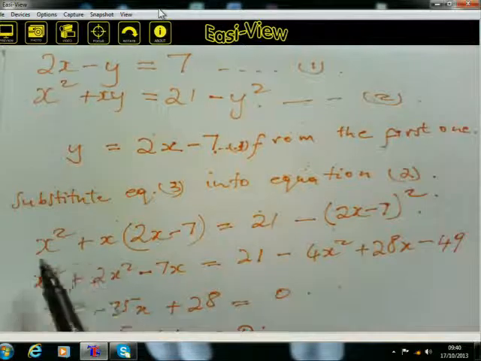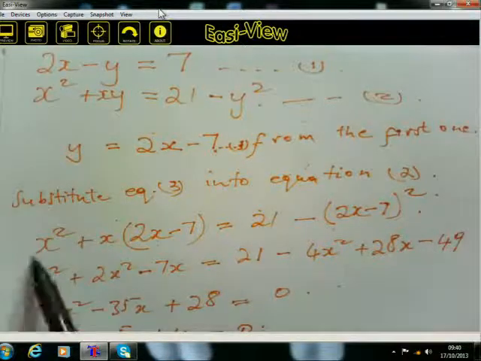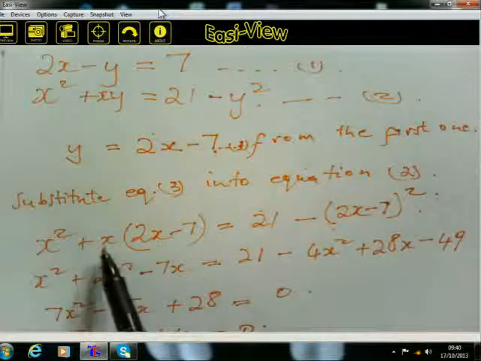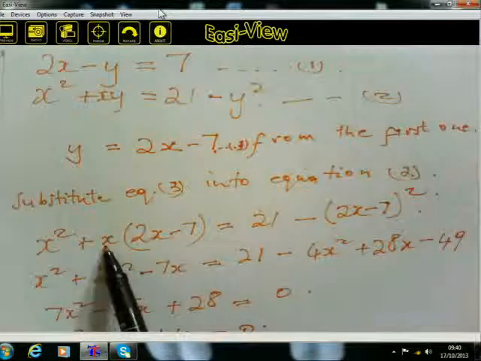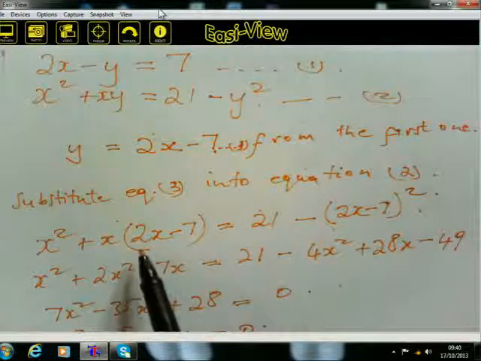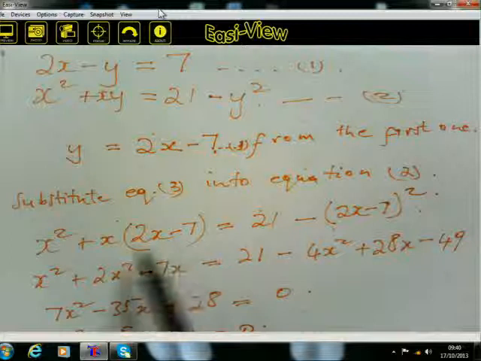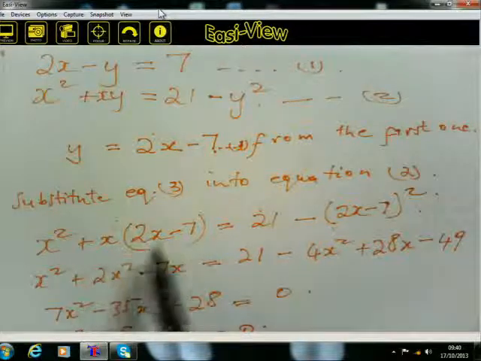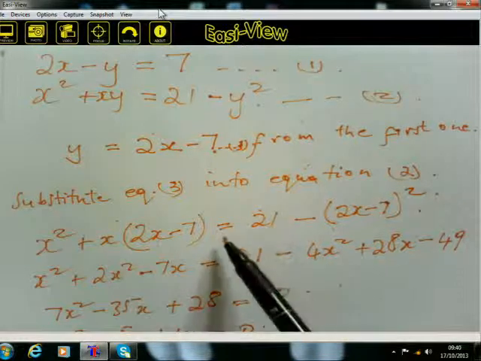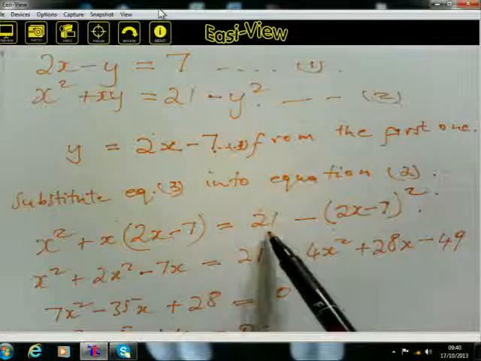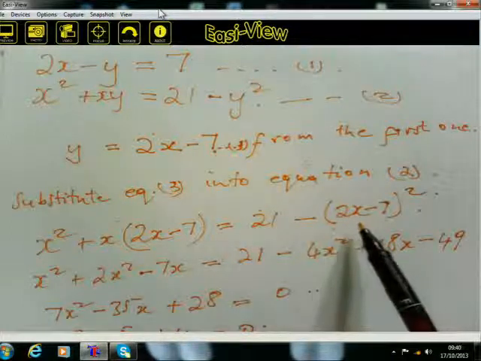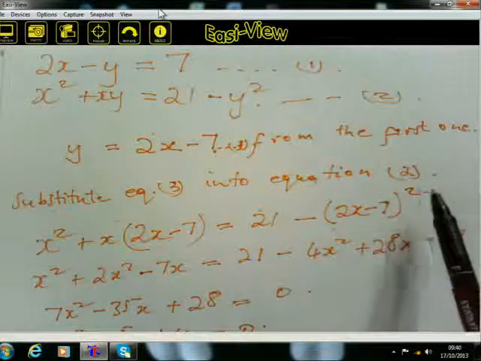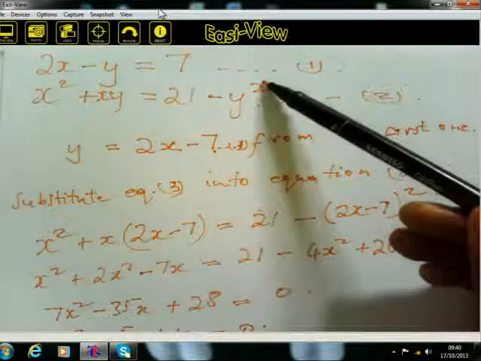And then what is happening? It means x squared plus x into 2x minus 7, because y has been substituted by 2x minus 7, will be equal to 21 minus 2x minus 7 all squared, because it was y squared there.